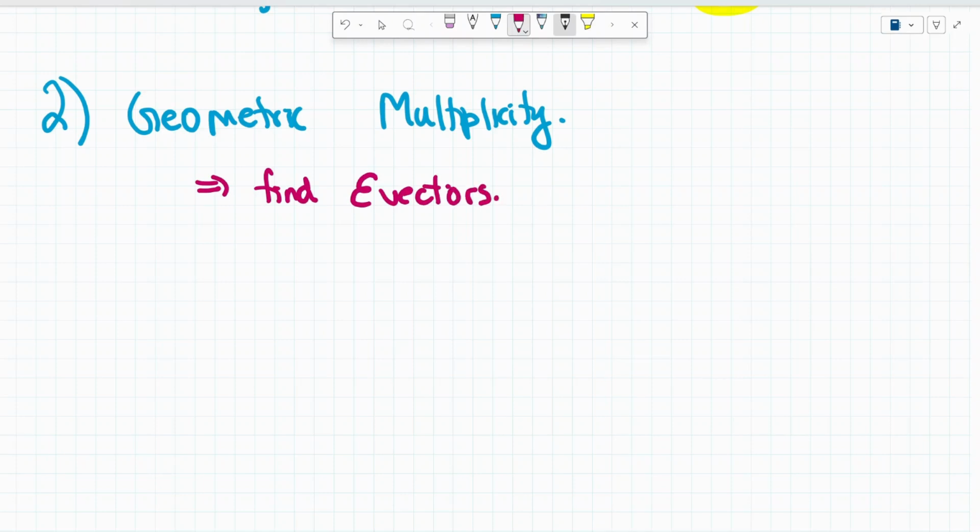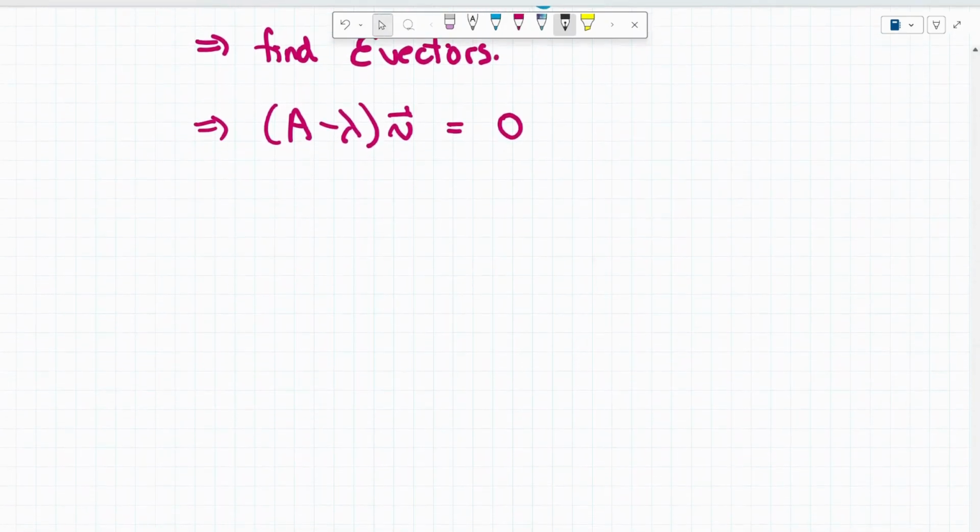The geometric multiplicity is how many independent eigenvectors correspond with each eigenvalue, or the dimension of the eigenspace related to that eigenvalue. So we have to use our handy dandy equation, A minus lambda times v equals 0, where v is our eigenvector.